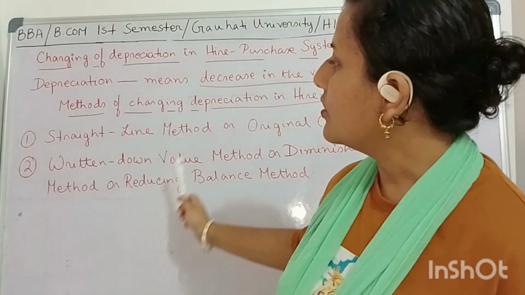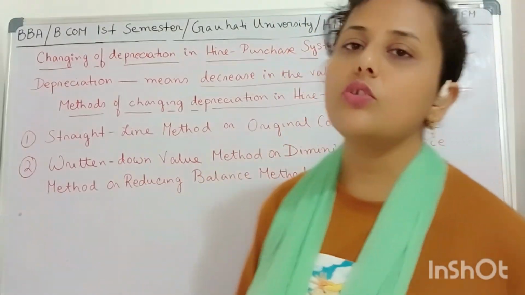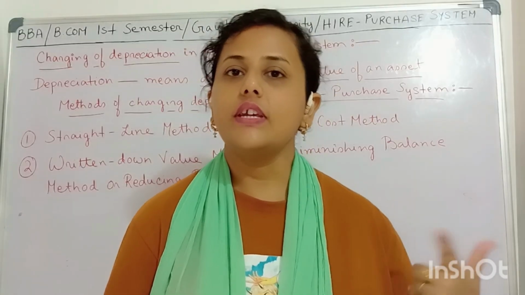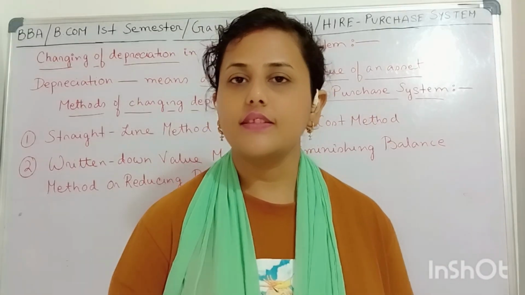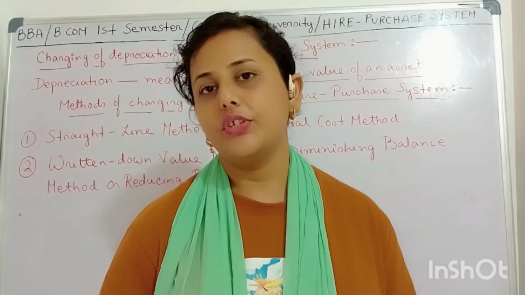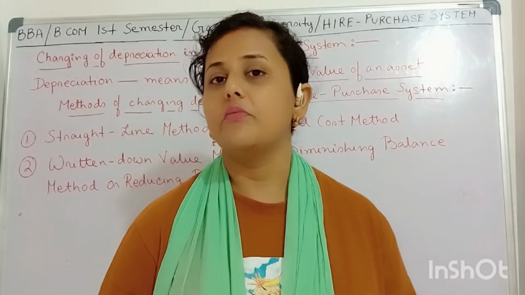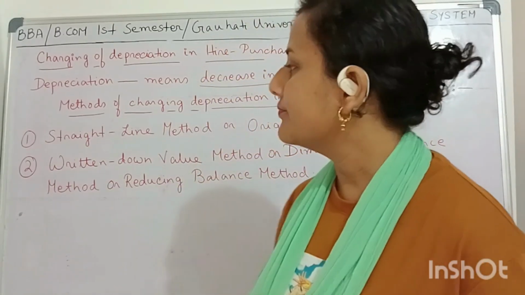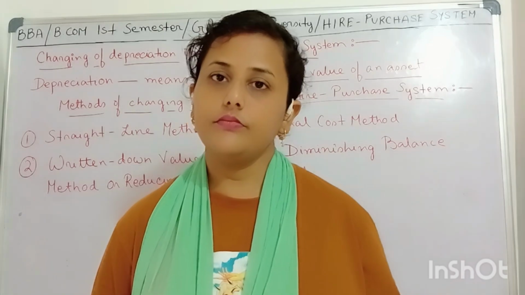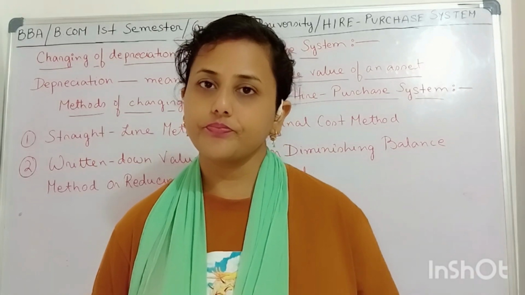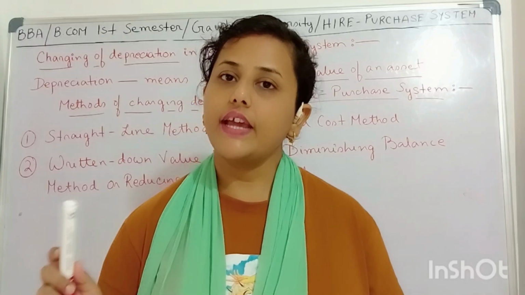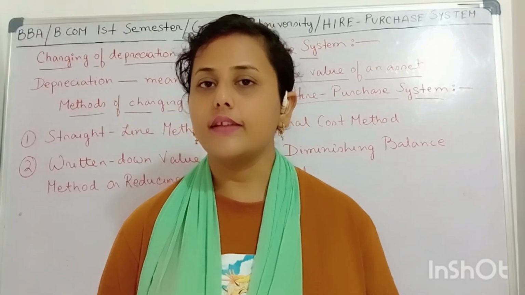In the straight line method, each year depreciation is calculated on the cash price at some rate. So the amount of depreciation every year remains the same. It is on the cash price, at a certain rate.